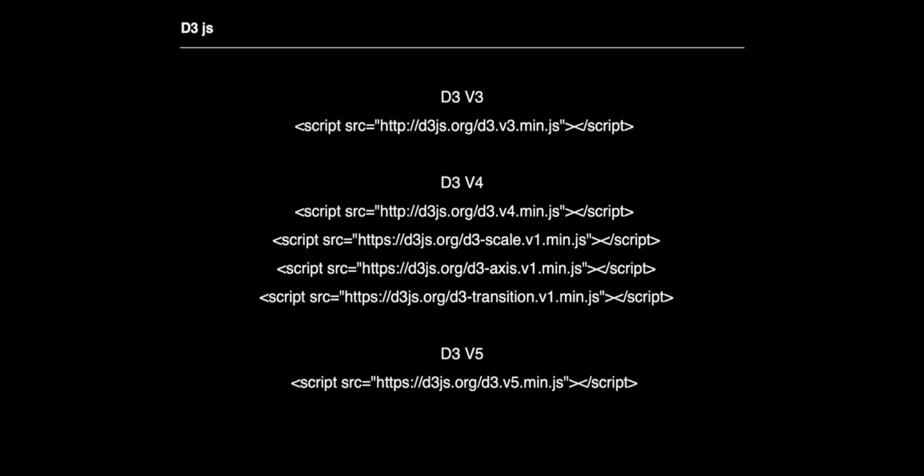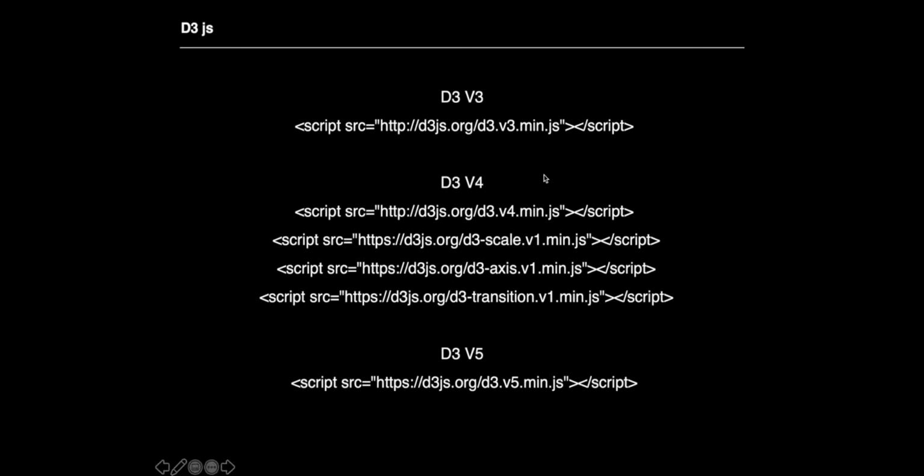There have been a lot of different versions of D3 over the years. One of the great things is that it's been around for so long and so many people have been using it that it's gone through a number of iterations, which has drastically improved each time. I personally started using D3 when it was in version 3.